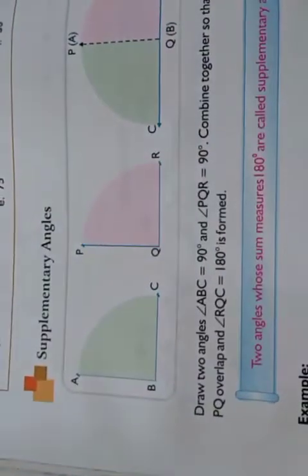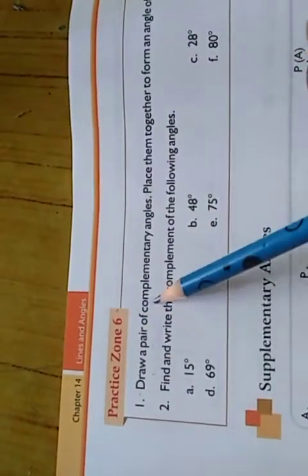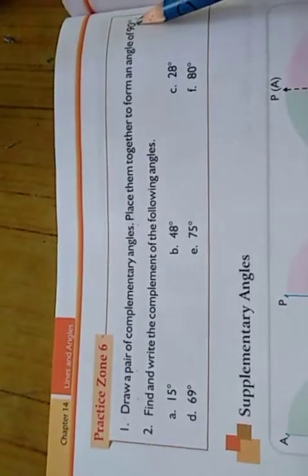Here you are given practice zone 6. Draw a pair of complementary angles. Place them together to form an angle of 90. Here two angles were taken, 30 and 60. You can take any two angles. You can take 40 and 50 and adjust in a right angle.